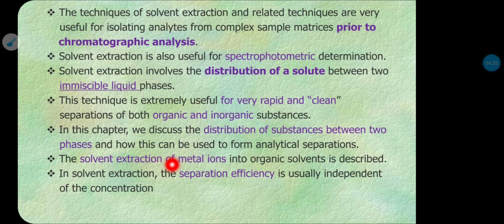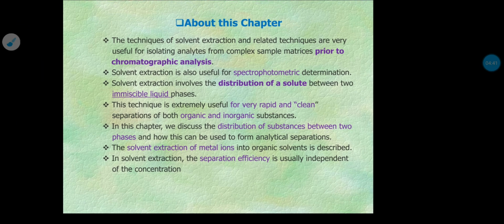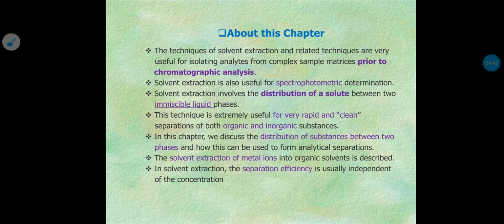Solvent extraction of metal ions into organic solvent is described by different methods: the ion association method or the chelate formation method. This chapter also tells us that the separation efficiency is usually independent of the concentration of solute, which we will learn in this chapter.